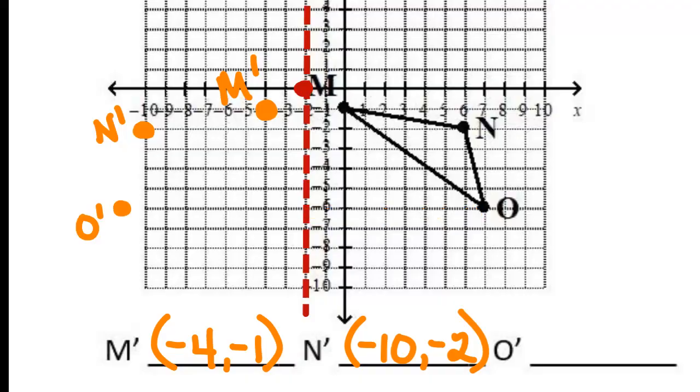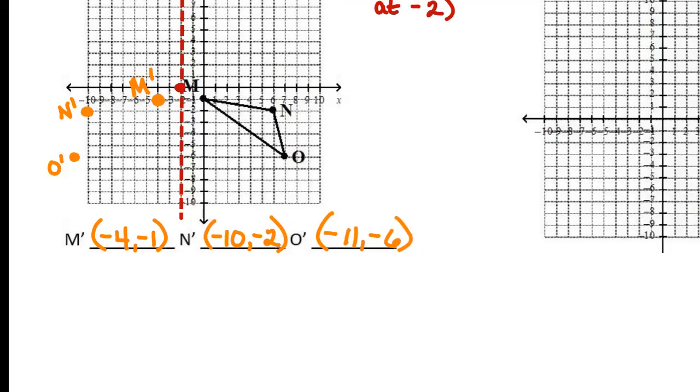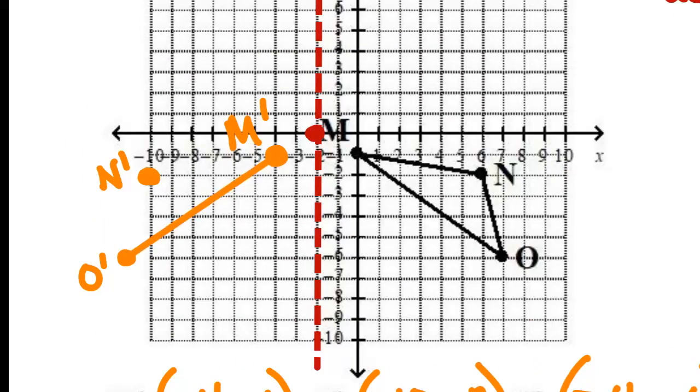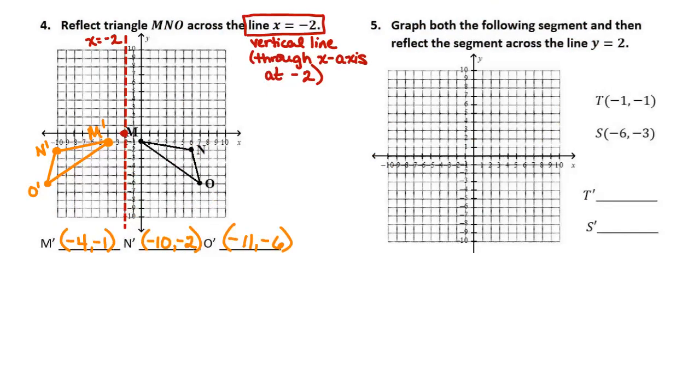What would the coordinates of O prime be? -11, -6. And then we're going to connect those dots together using our straight edge to make the reflected triangle. When you get done, it should look like you took the original one and flipped or folded it over this vertical line.